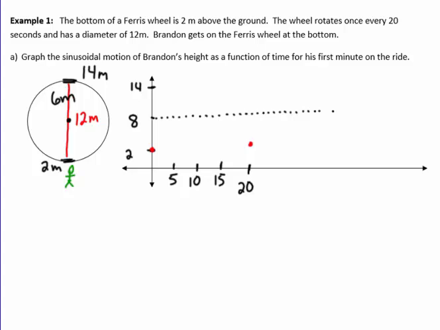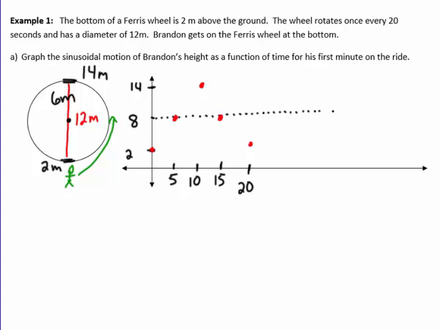Half is at 10 seconds. We follow the motion. At 10 seconds, Brandon's going to be up here at his maximum. And if we just think about this motion, a quarter turn when he gets to the 8 meter mark will occur at the 5 second mark, and back to that 8 meter at the 15 second mark. Now those points will allow us to graph this function.